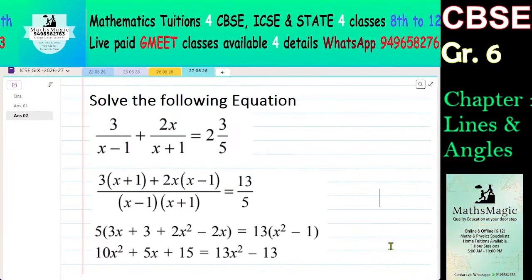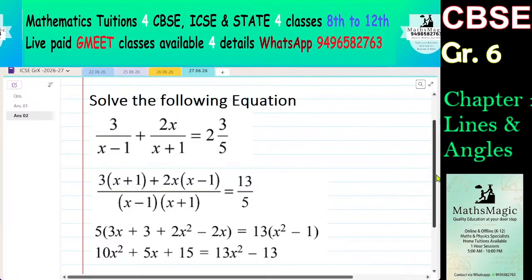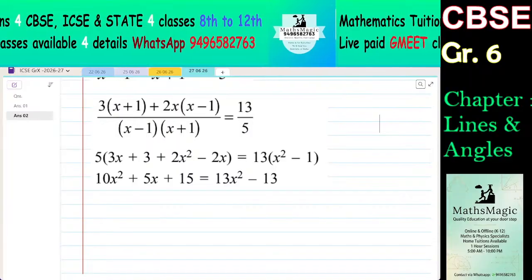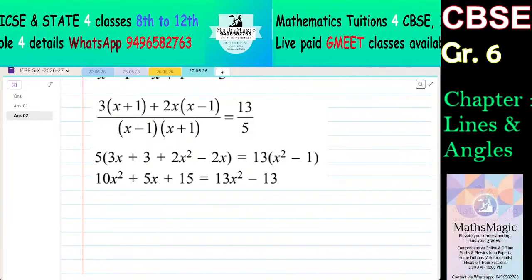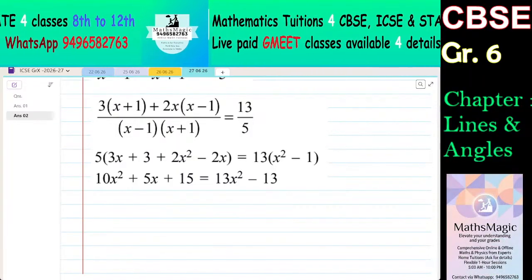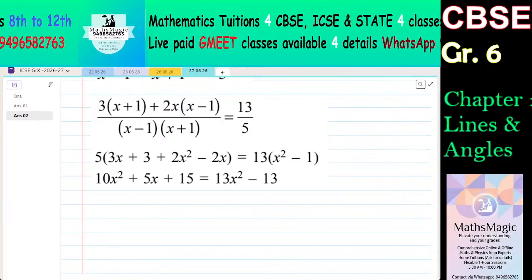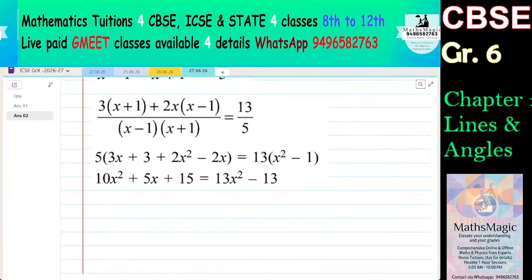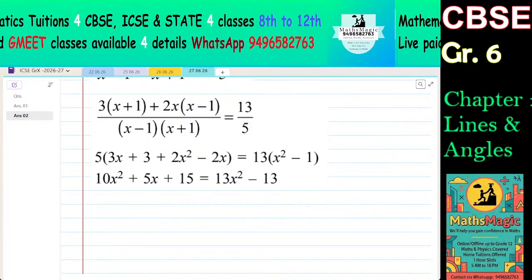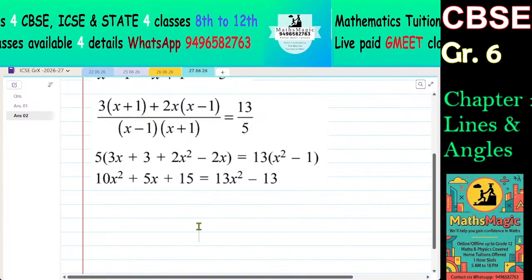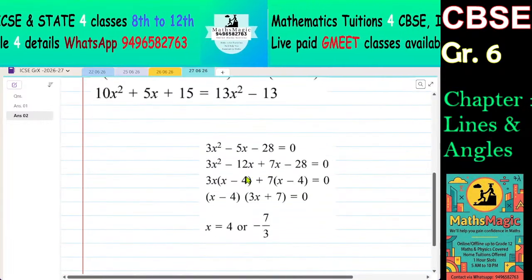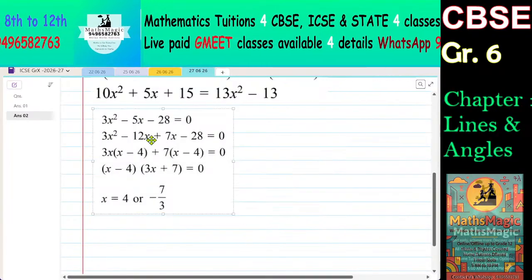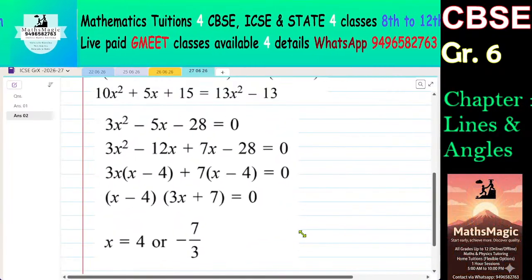The right side is 13x squared minus 13. We have the remaining portions neatly.